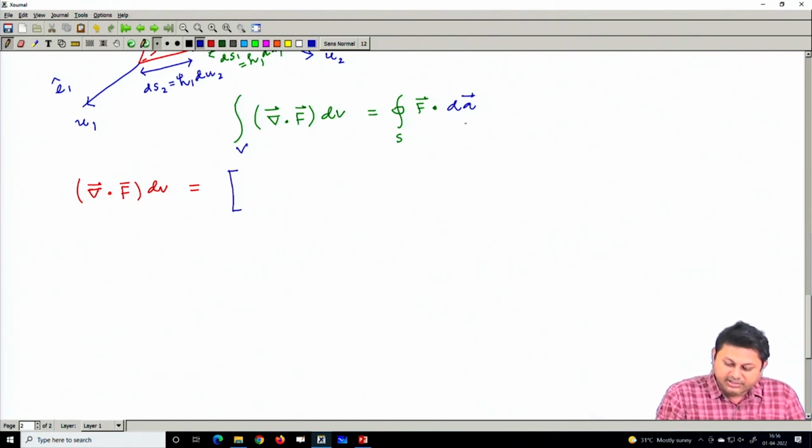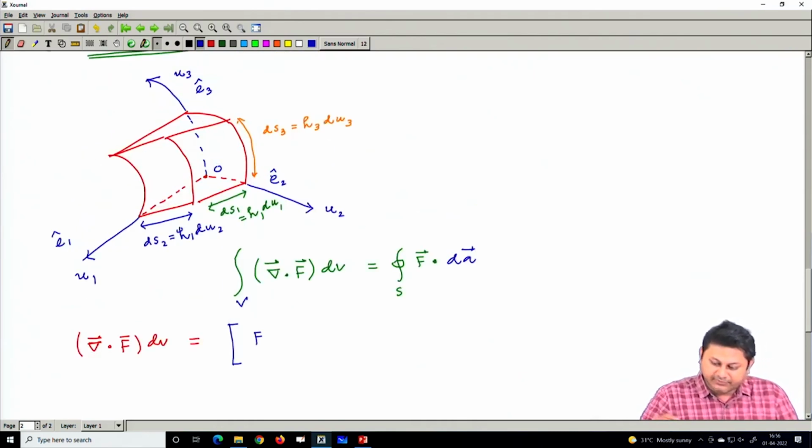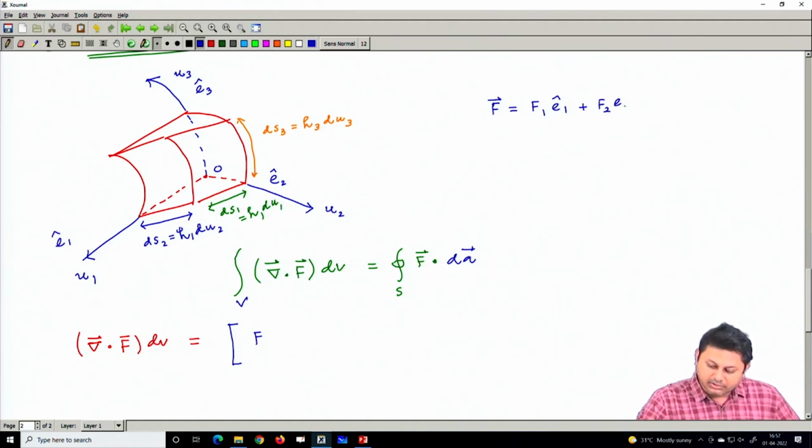that is this integral. So, first I calculate the value of, say f is a vector field, and this vector field, if I define here, it is f1 unit vector e1 plus f2 unit vector e2 and f3 unit vector e3.